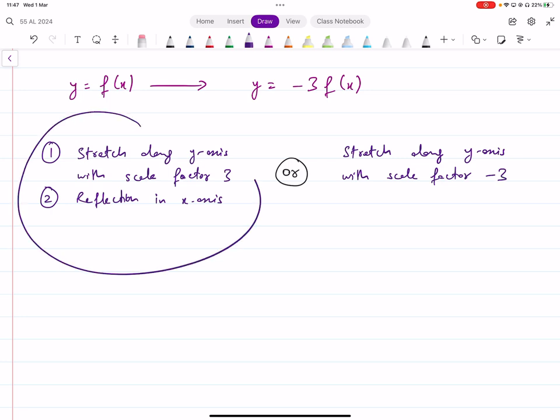So these two transformations combined are equivalent to doing just a single stretch with scale factor minus 3. तो आप उसको इस तरह भी सोच सकते थे, because remember negative scale factor से क्या होता था? आपकी फिगर दूसरी साइड पे चले जाती थी, तो इसमें रिफ्लेक्शन और स्ट्रेच दोनों हो जाएंगे एक साथ. ऑलराइट, आप इसको इस तरह से भी डिस्क्राइब कर सकते हो.